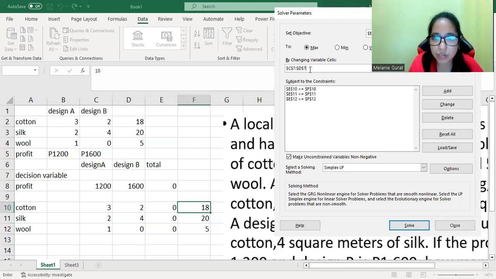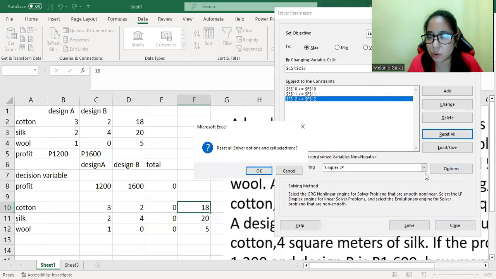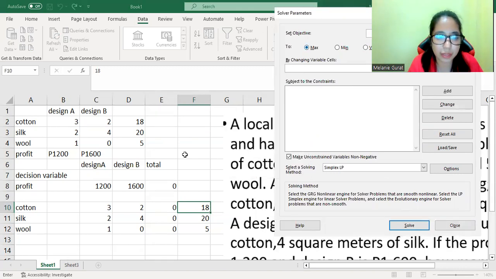And then the changing variables are the values for the number of design A and design B. We also entered the constraints, but let us reset all so that we can also review that part. So let's enter the objective and the changing variables, and we have to add the constraints.